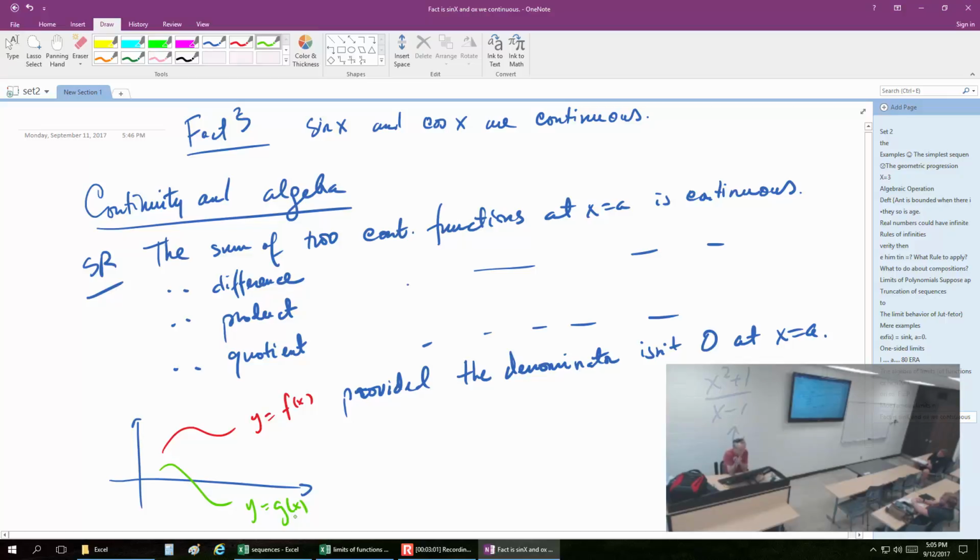Now where is the difference? Can you point out the difference of the two functions on the graph? If I pick a value of x here, then this is g of x, and this is f of x.